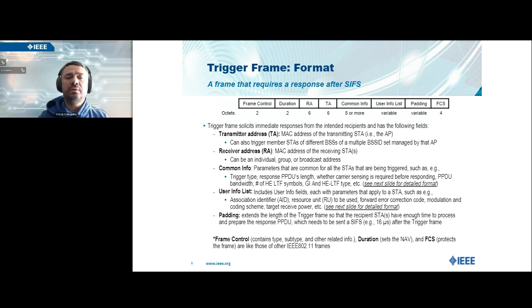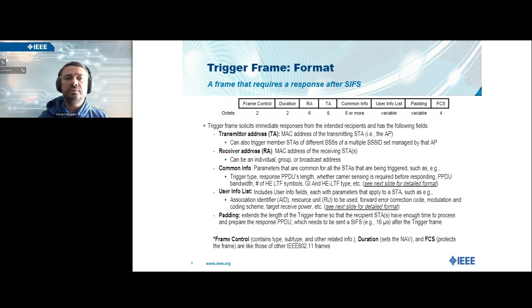We do also allow an access point to trigger stations on behalf of other BSSs that are being managed as part of a multiple BSSID set. And then we have the receiver address, which is essentially the MAC address of the receiving station. The MAC address is 6 octets, and it can be either an individual, group, or broadcast address.